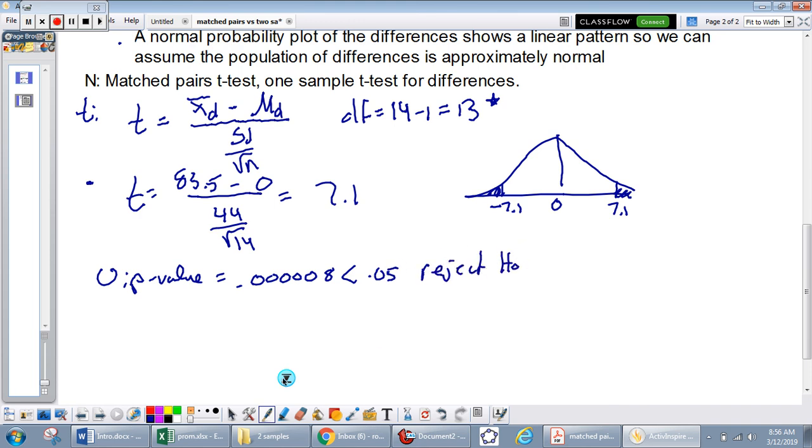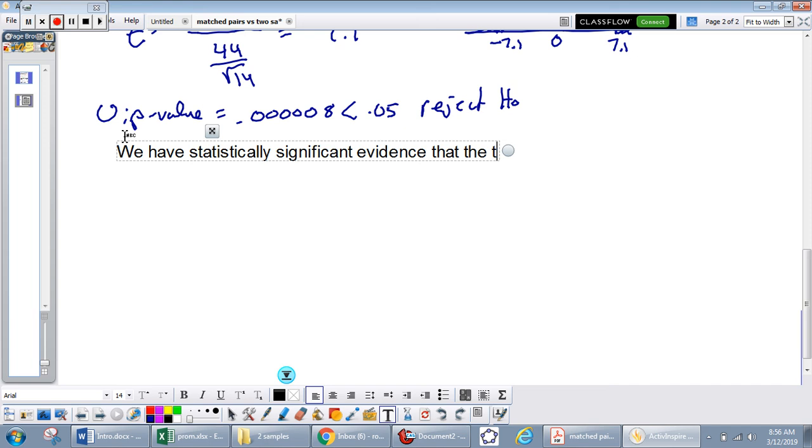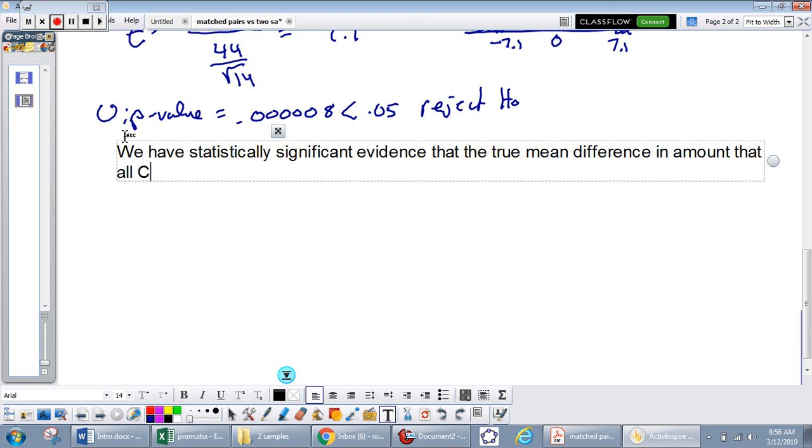And when we do reject H0, we therefore have statistically significant evidence that the true mean difference in amount that all CHS boys and CHS girls spent on prom is not 0.